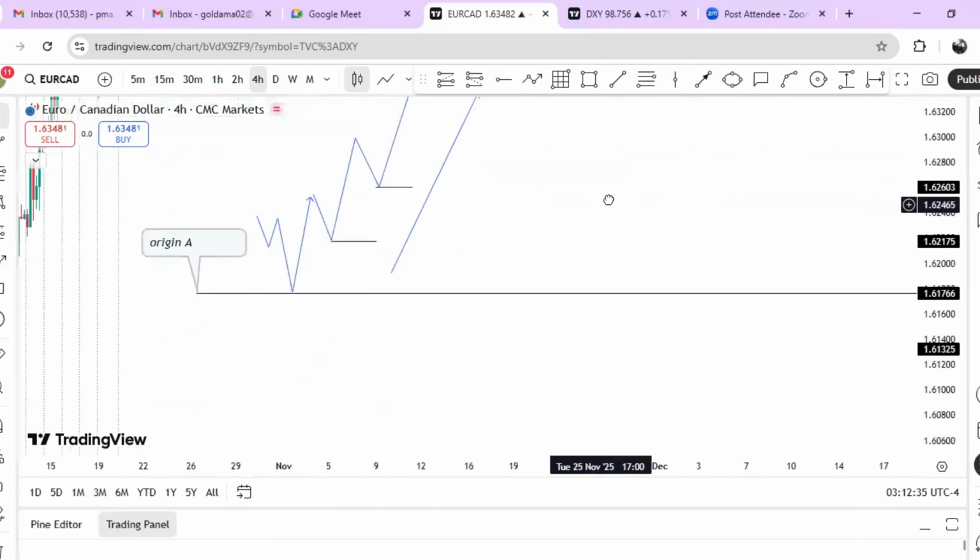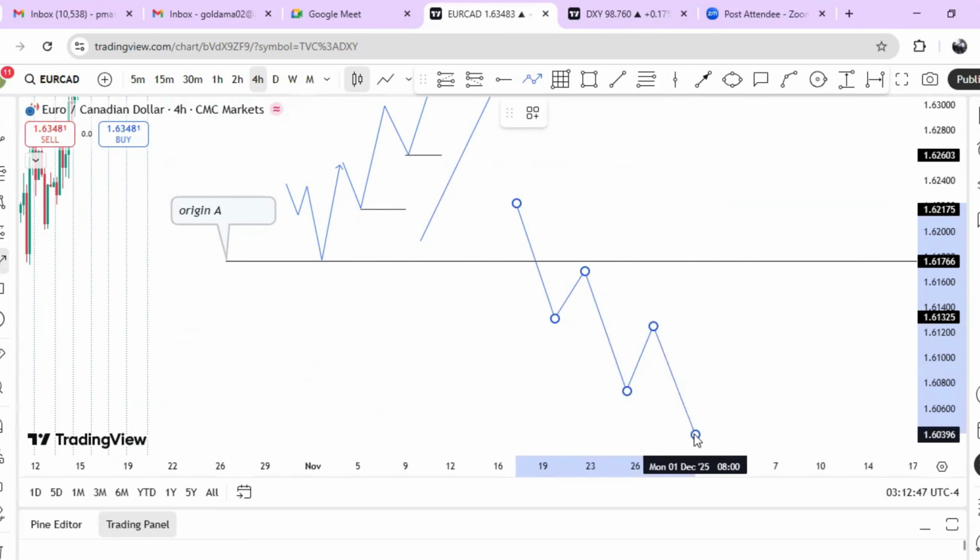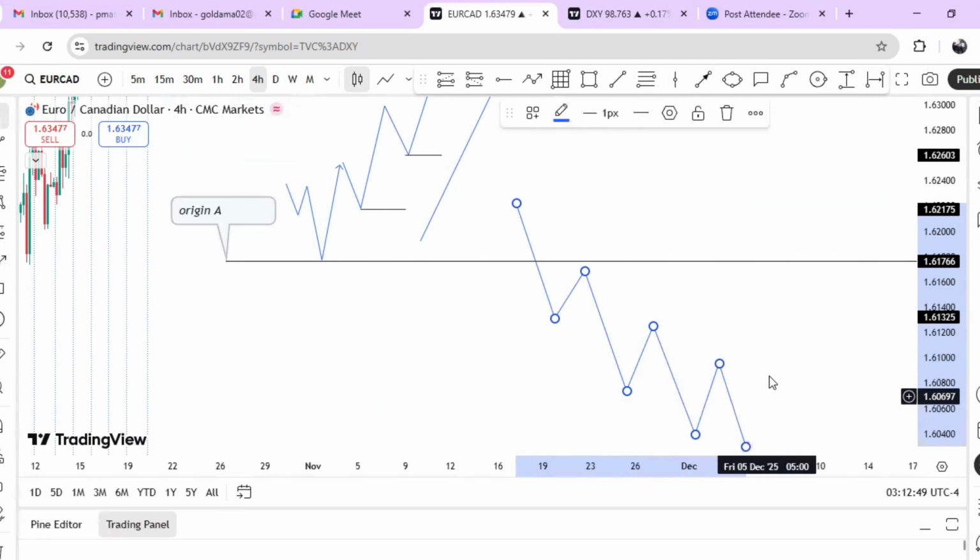Then for the bearish structure, let's say the market now dropped from the origin, dropped below, correction, impulse again, correction, impulse again, correction, impulse.